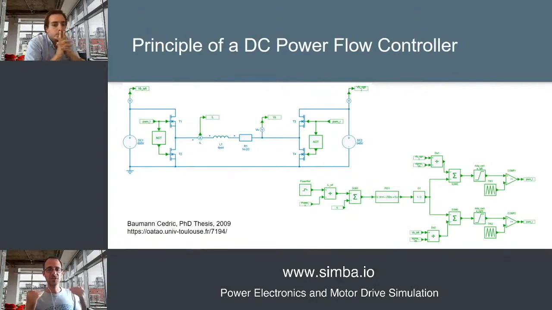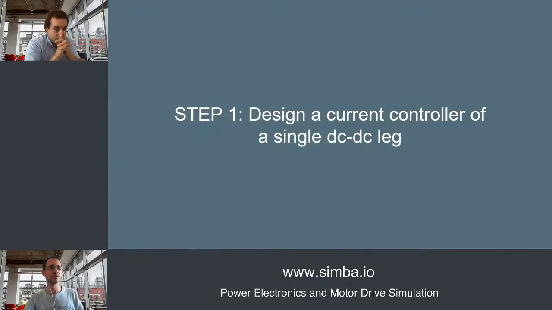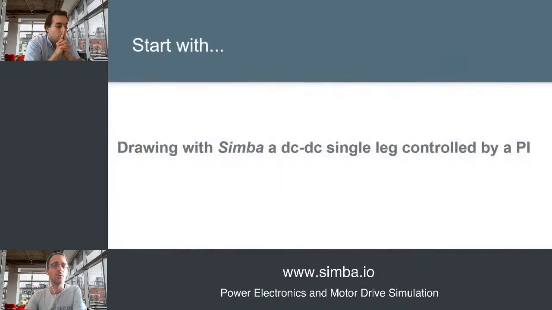So to design this DC power flow controller, the first step is to design a current controller of a single DC-DC leg. So let's start with the graphical user interface of SIMBA to draw the circuit corresponding to this DC-DC single leg controlled by a PI.